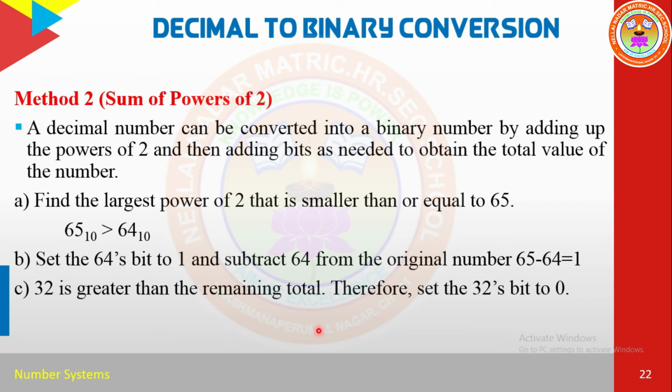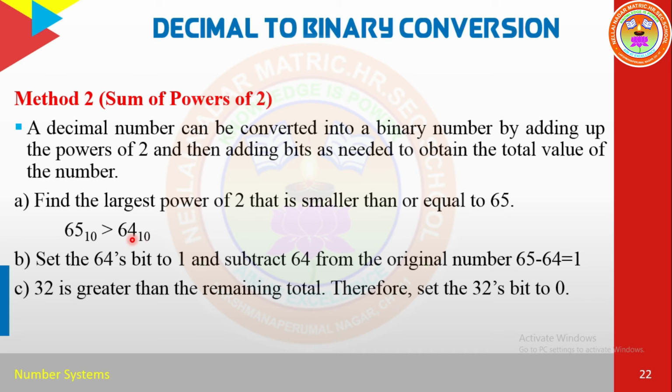This is the method by which you can find which largest power of 2 is suitable for the given number. Here the given number is 65, that is the question number. But we are going to find the largest power of 2 value, so comparing with this 65, which one is the largest power of 2 value?